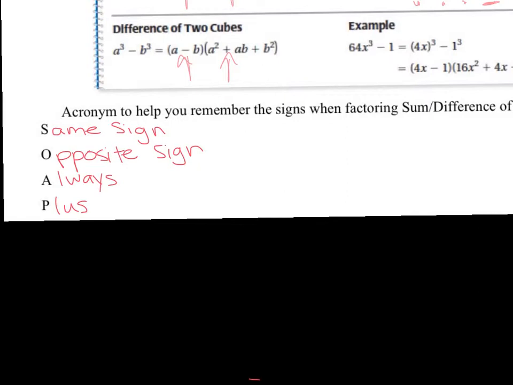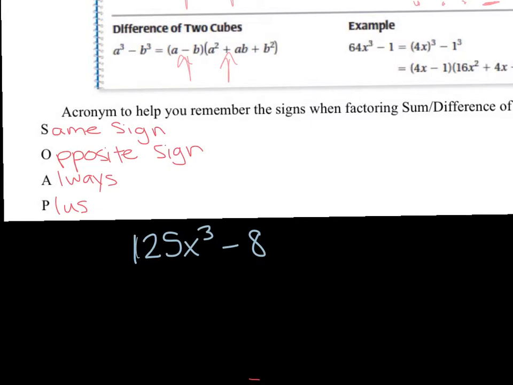So two perfect cubes could be 125 and 8. And the x has to also be cubed, guys.